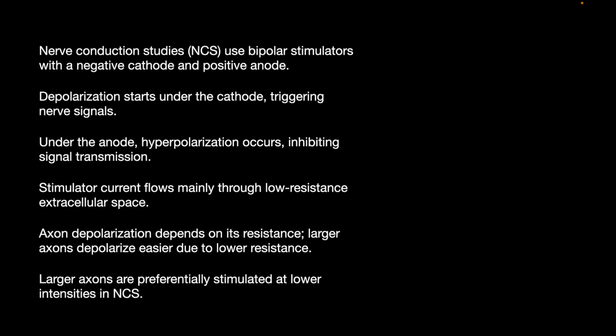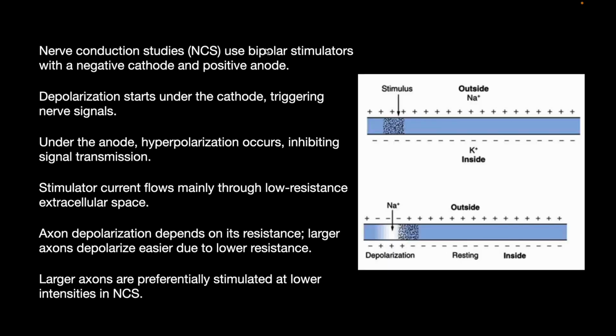Now larger axons are preferentially stimulated at the lower intensity of the NCS. So this is what you see, there is a stimulus. This stimulus creates the sodium concentration over here, which causes the nerve to depolarize, and this signal gets transduced.